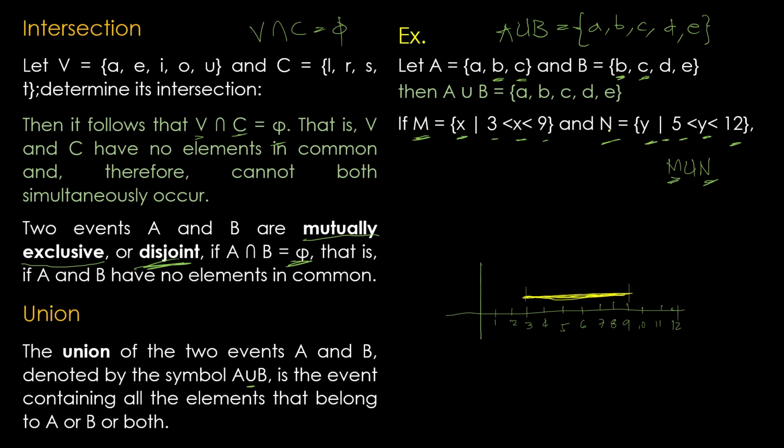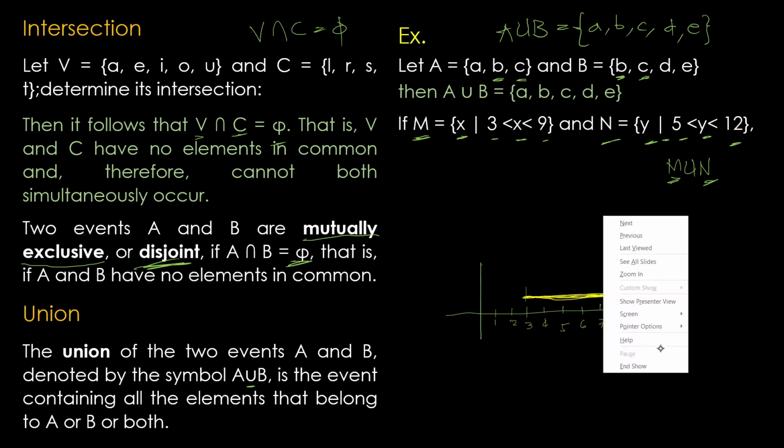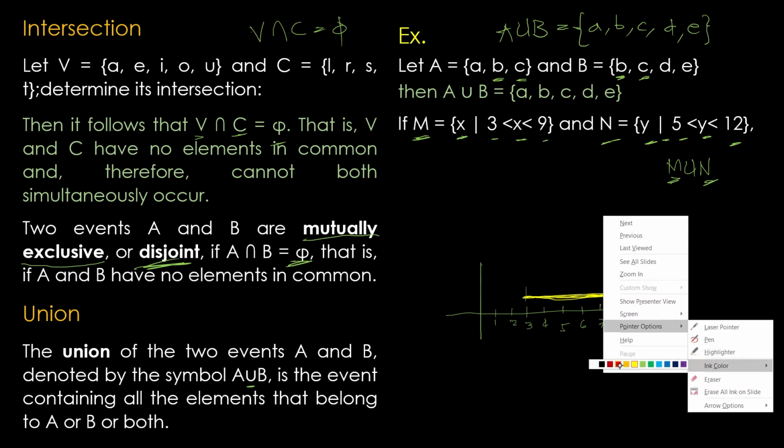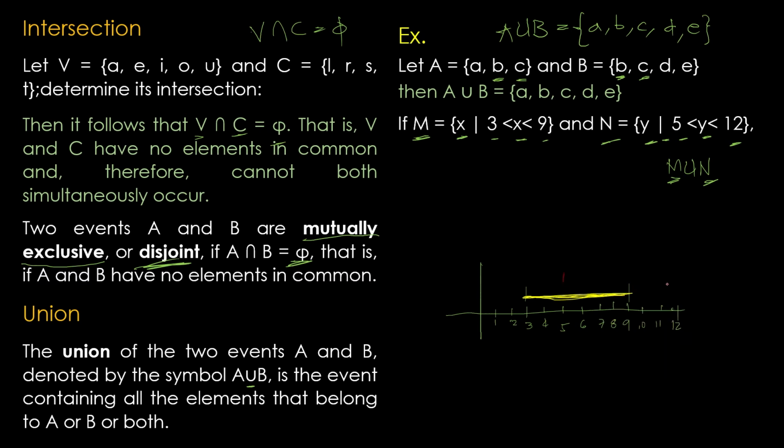Okay, and the next one, our event N, is the set of all Y such that Y is in between 5 and 12. This is your event N. Let's use again a different color to make it clearer. So for this one, this is your event N. Basically, you are to find the union between event M and event N. So what is the union?